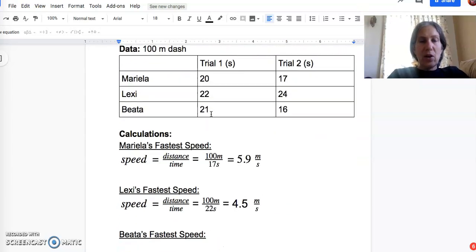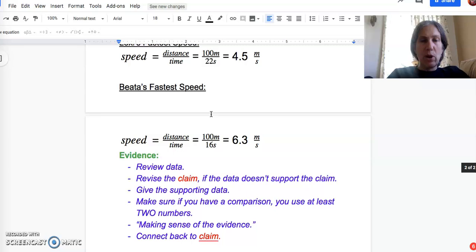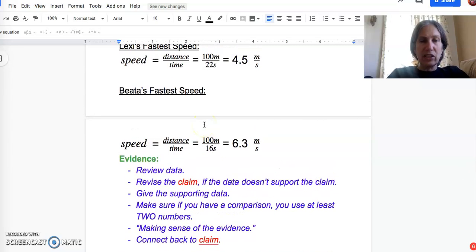And then I'm going to go down. So I've corrected my claim. What else does it say in the evidence section? Give the supporting data. Make sure if you have a comparison. So it's one thing to say, oh, Beata's the fastest. She ran the 100 meters in 16 seconds, or traveling an average of 6.3 meters per second.